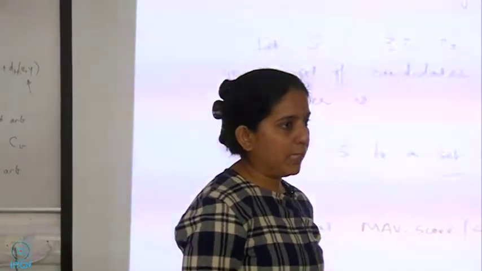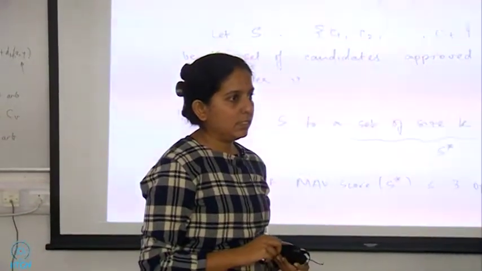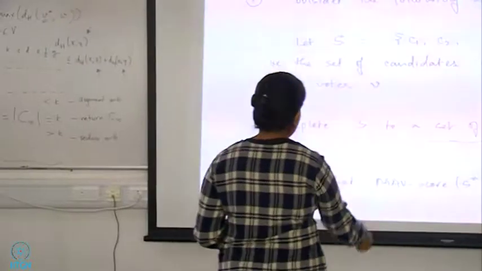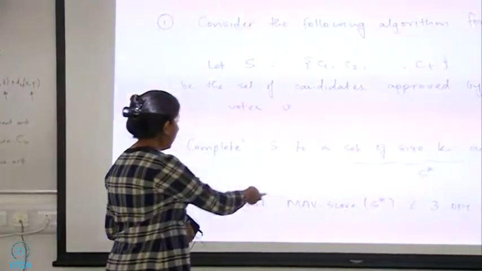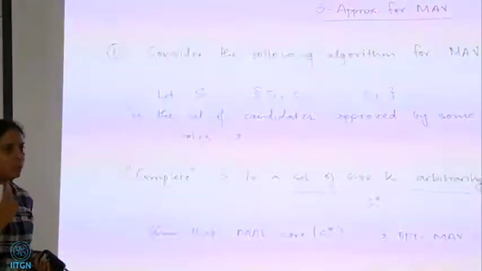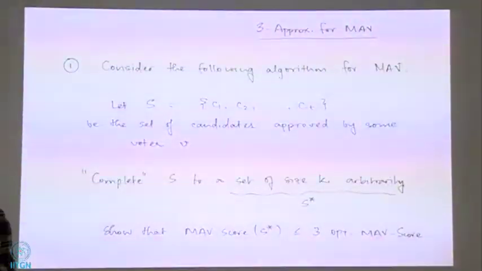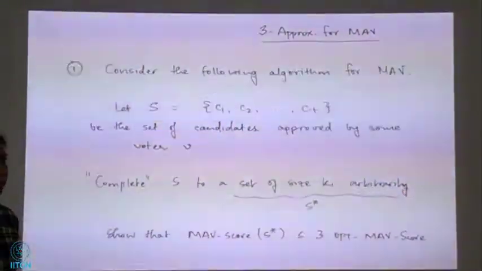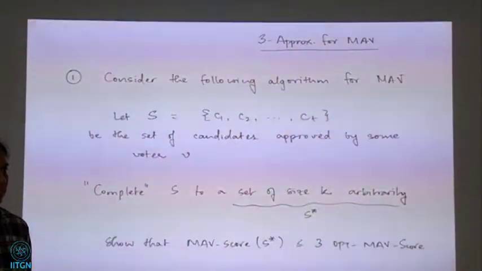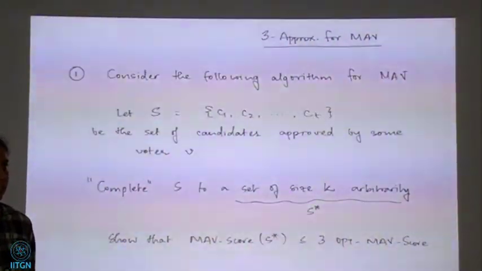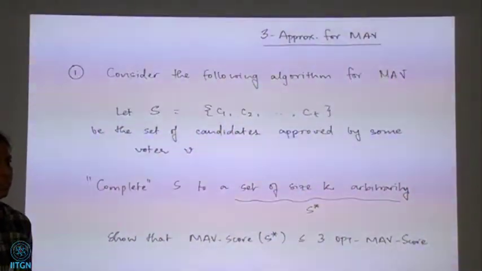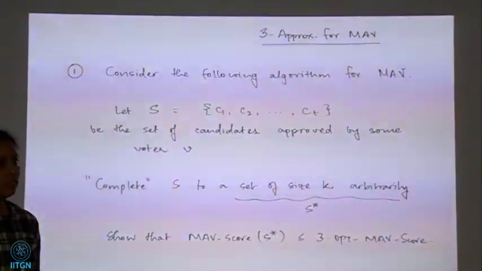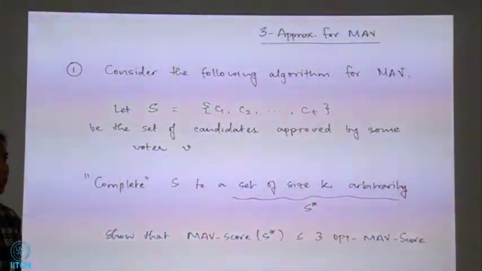The MAV is minimization, yes. So I want to argue that the MAV score of S star is not too large. It's at most 3 times the optimal score, of the algorithm.